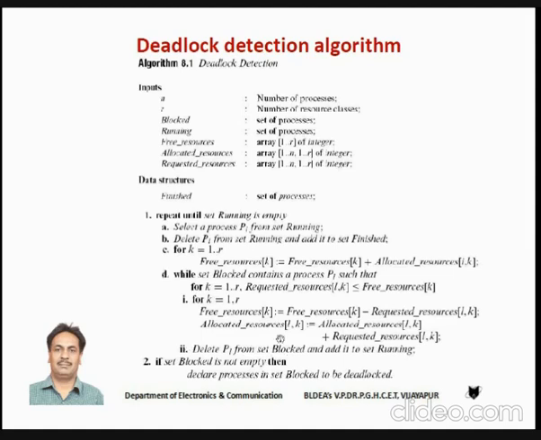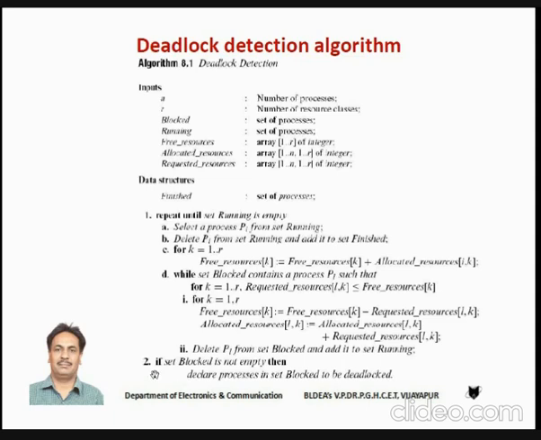Then we repeat this process as long as the running set is not empty. Once the running set of processes is found empty, we decide that there exists no deadlock. But if any of the processes remain blocked after testing all these conditions, we come to the conclusion that that particular process is in the blocked state.